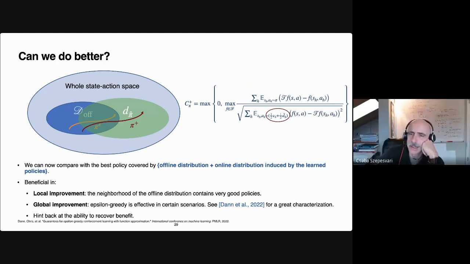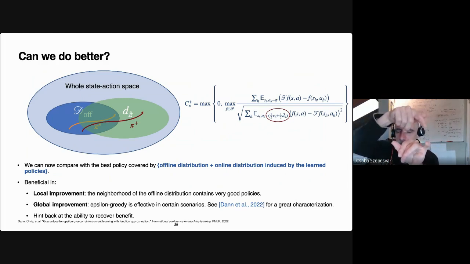Maybe related to this, I'm thinking about cases where, for simplicity, you have a tabular case and two policies that you're using for collecting data. So it's basically a mixture policy that you use for collecting data. And then there's this pasting together trajectories idea: one policy would generate trajectories up to this point, and then go this way.